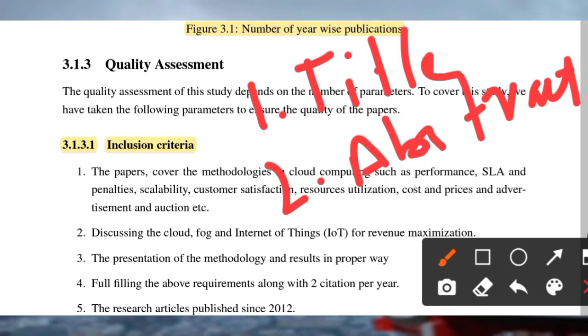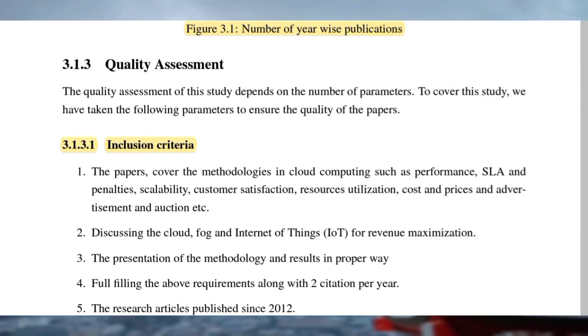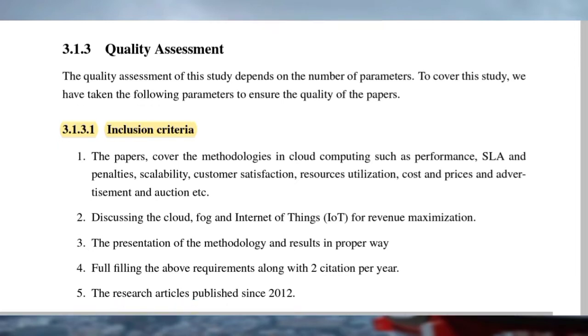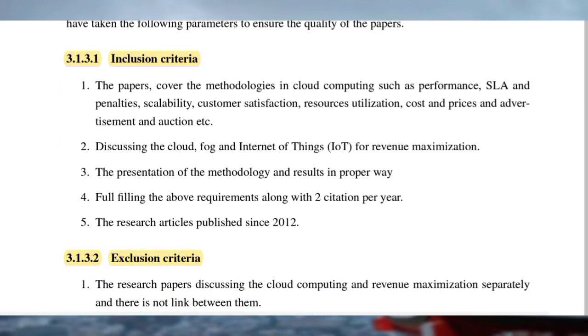If it is matching, then you check its methodology and what type of methodology it is using. After that you select this paper initially, and finally you create an inclusion criteria. You can select 200 or 300 papers by only checking the title and abstract.